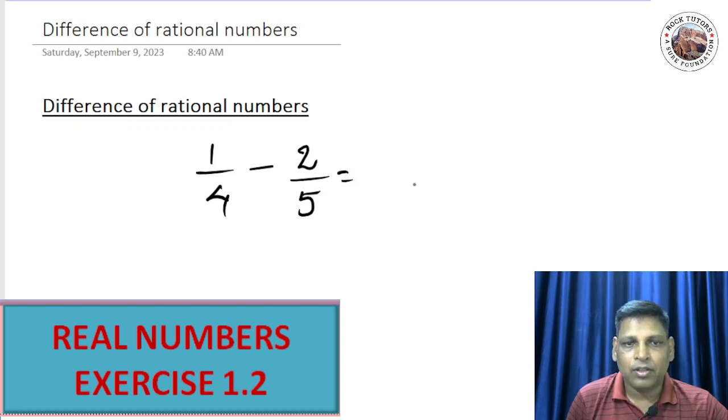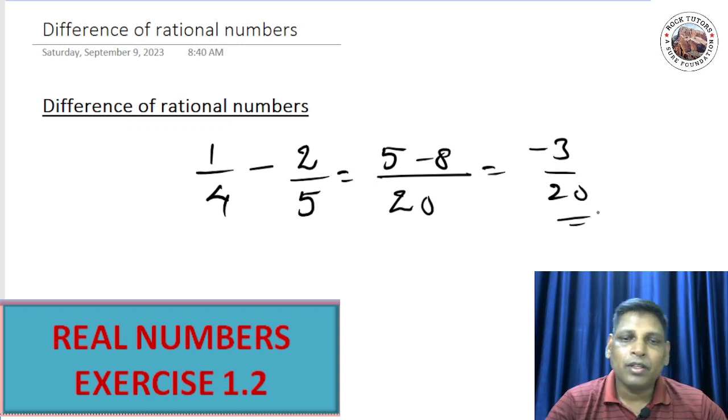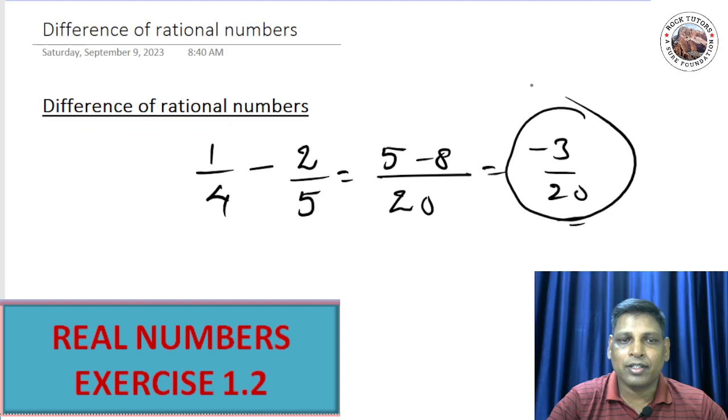Now we know that the LCM is 20. 5 minus 8 equals minus 3 by 20. Here minus 3 by 20 is a rational number. That means you can say that the difference of rational numbers is a rational number.